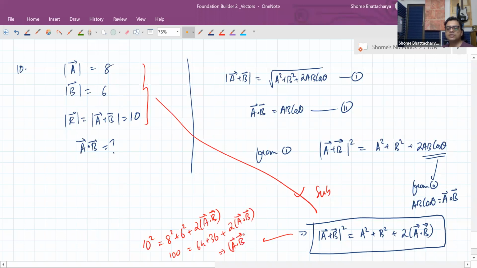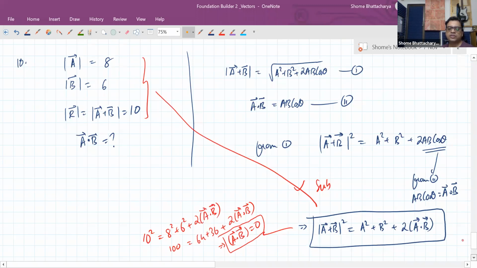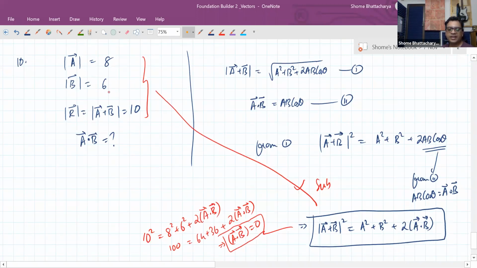So here it's just a matter of chance that it comes out to be 0. For example, if instead of 8 and 6 they were 8 and 8, then A dot B would have been a negative quantity, because this would have been 64 plus 64, 128. So A dot B would have become minus 14 in that case. So this is the general method that we can use.